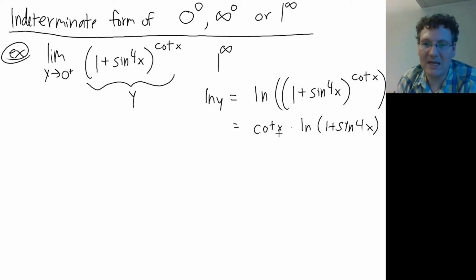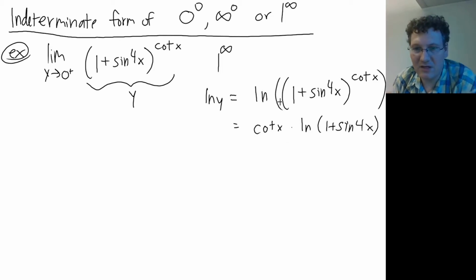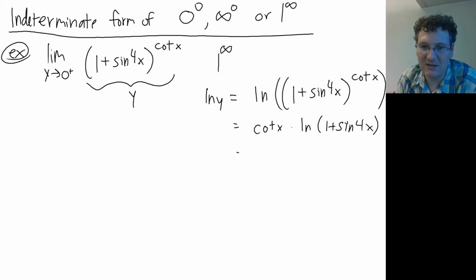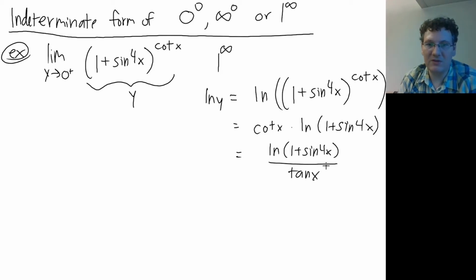And remember, the cotangent is just the reciprocal of the tangent. So we can write this as the natural log of 1 plus the sine of 4x divided by the tangent of x. So what we're going to do is try to find the limit of the natural log of this thing, and then we can reverse that at the end.